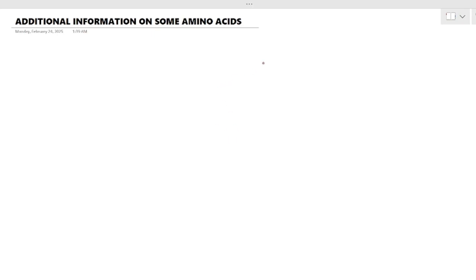So drawing the structure of glutamate, you have your alpha carbon that is bonded to your H. Sorry, let me write this out completely. You see the double bond O, O minus.